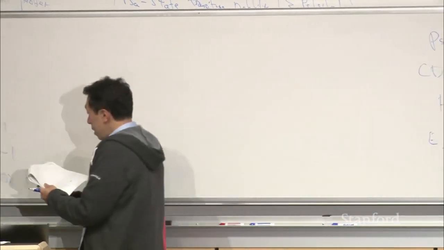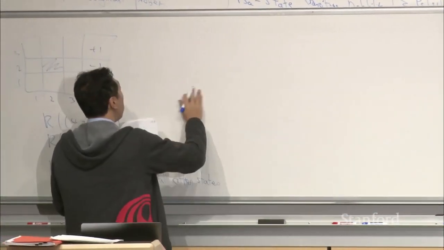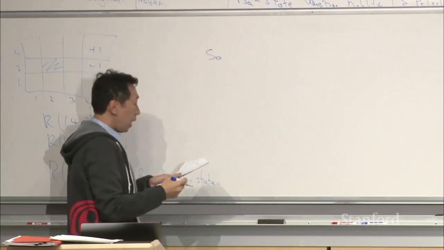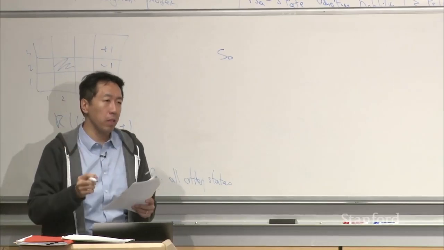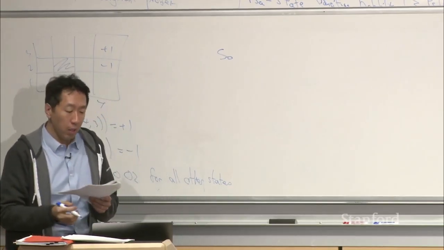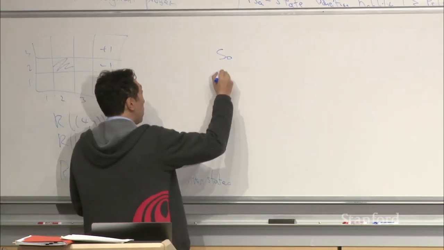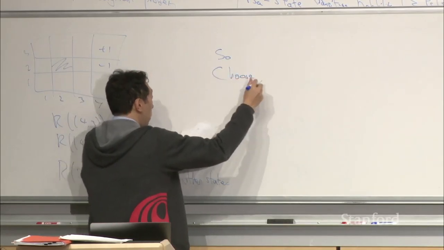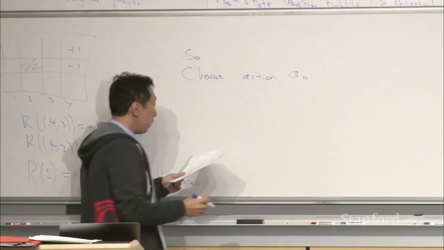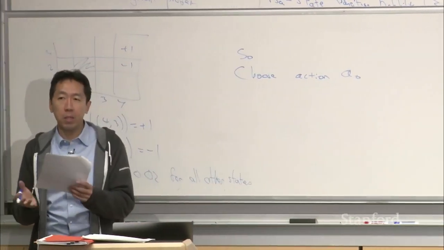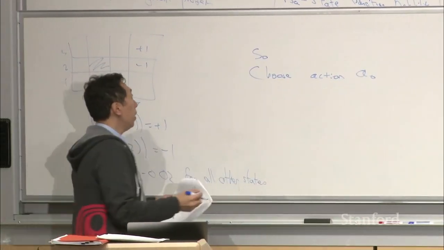So this is how an MDP works. Your robot wakes up at some state S0, at time 0. So you turn on the robot, and the robot says, oh, I'm at this state. And based on what state it is in, it will get to choose some action, A0. So decide, do I want to go north, south, east, or west? So choose some action.